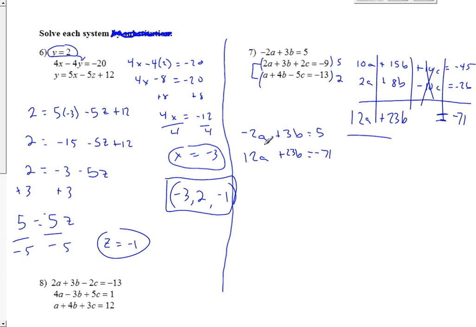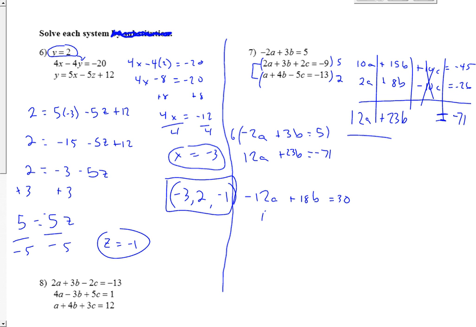All right, if I look at these, I want to eliminate either a or b. And since 2 goes into 12 6 times, I can multiply this first equation by 6, and that will give me negative 12a. So that would give me negative 12a plus 18b equals 30.